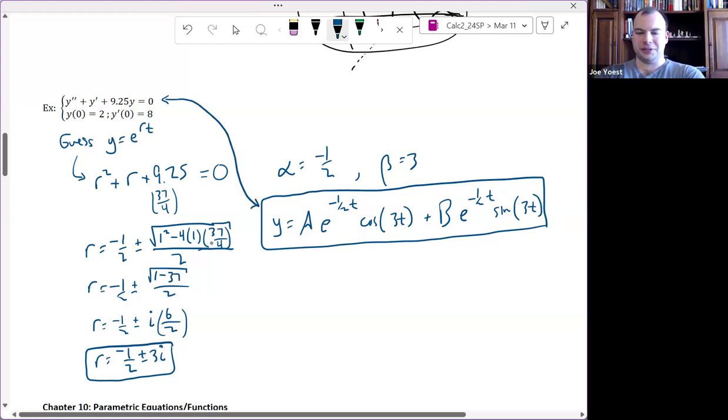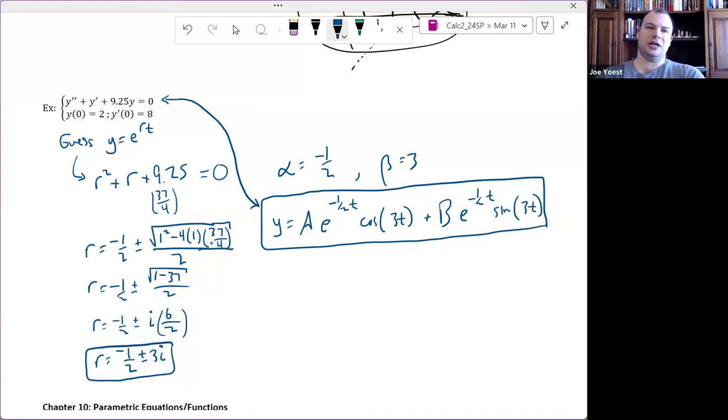to the differential equation. I could factor out an e to the minus 1/2 t. That would make it a little simpler. I could even wrap this under a single trig function, a cos 3t plus b sine 3t, since they have the same frequency. I can make it a single trig function with a phase if I wanted to, say a e to the negative 1/2 t times cos of 3t plus c or something like that.